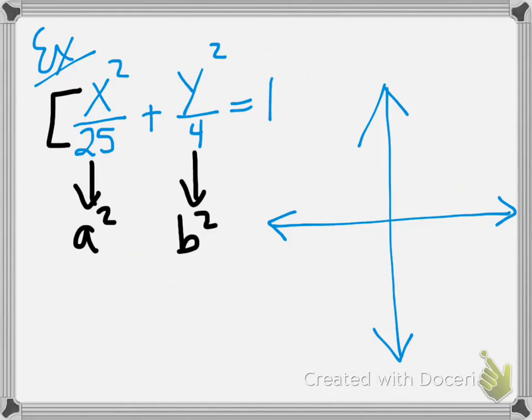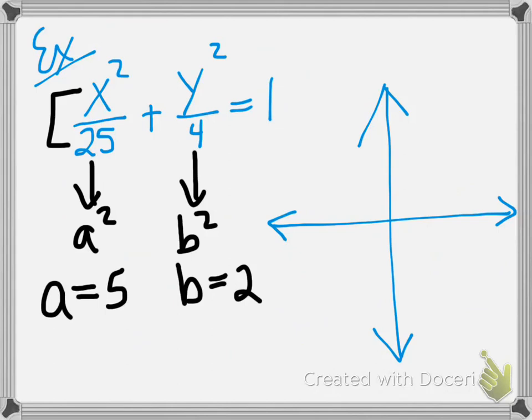Now it's going to be easier to see here in just a moment, because if A squared is 25, then that means A itself is just 5, because 5 squared would give us 25. And B squared is 4, so that means B is 2, because if B squared is 4, then the square root of 4 is 2.